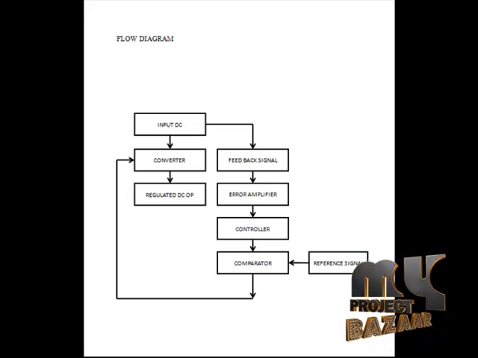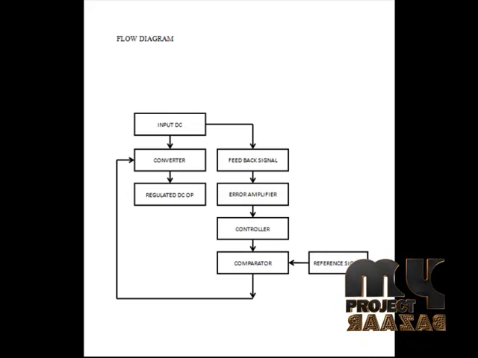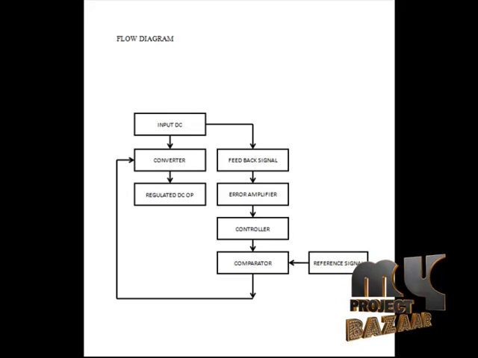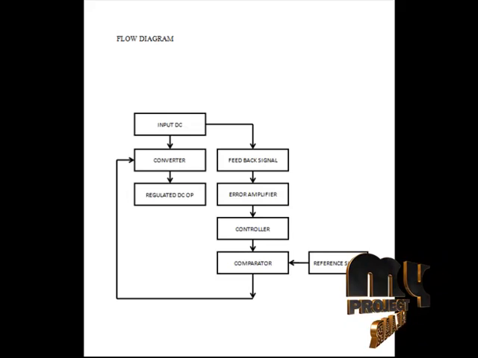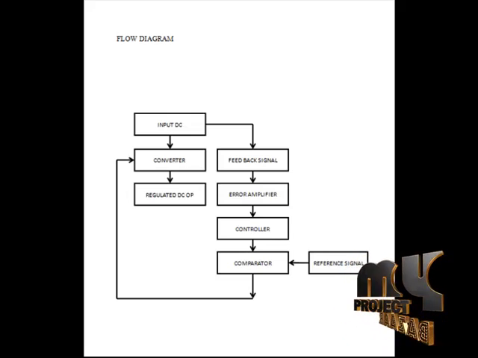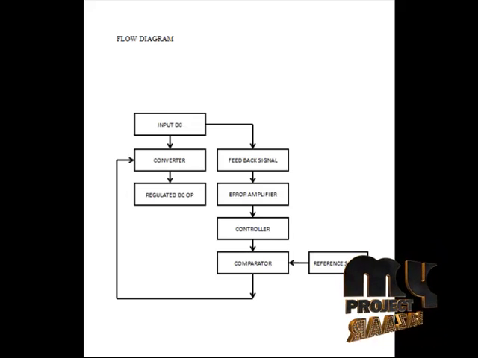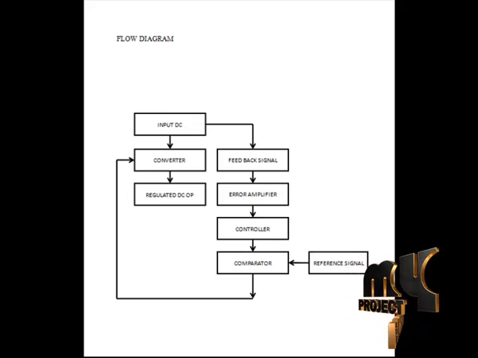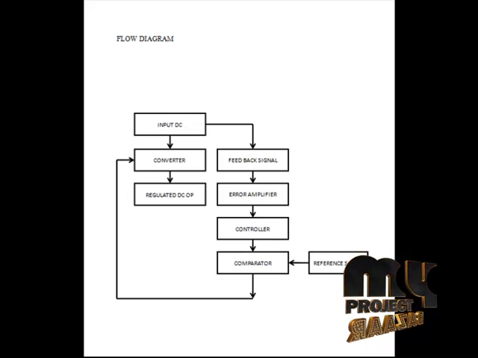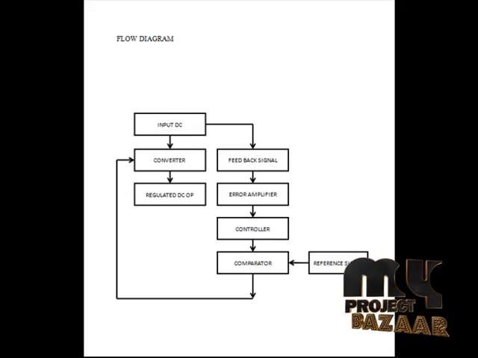Then this compared output will generate the pulses which trigger the switching devices in the converter circuit. From the switching devices of the converter circuit, it gets regulated DC output and regulated load supply output. This is also fed back to the feedback loop and gives the controlled signals to the DC to DC converter circuit.